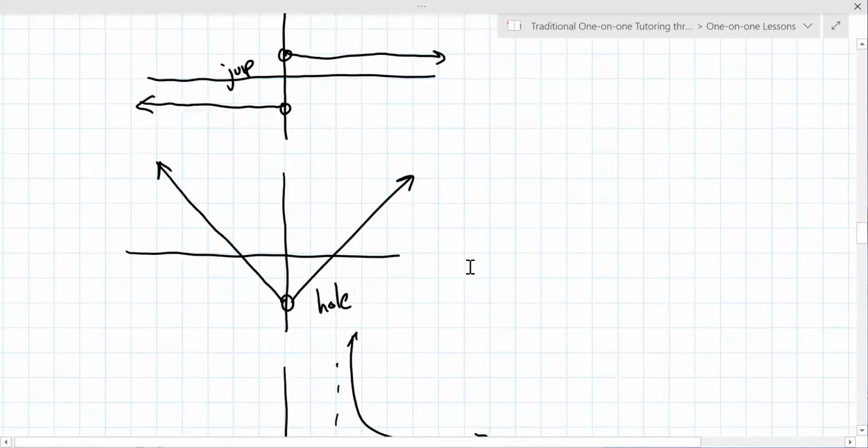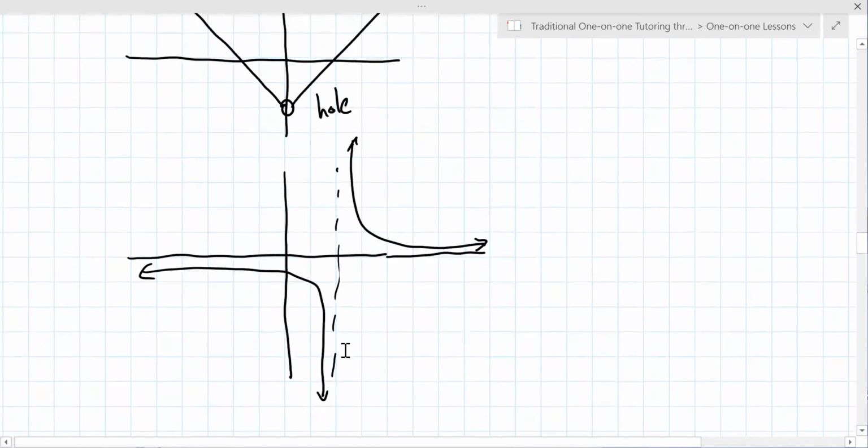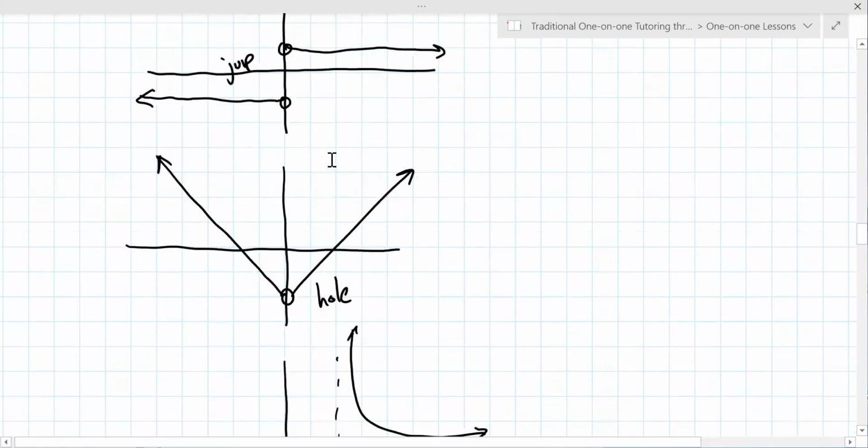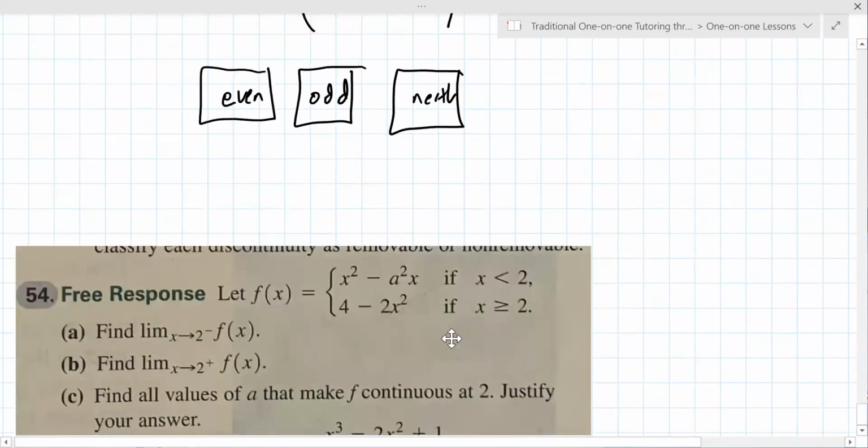There are 3 types of discontinuities. There's a jump, a hole, and a vertical asymptote. The only one that's removable is the hole.